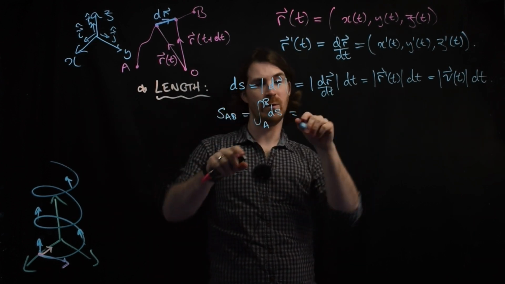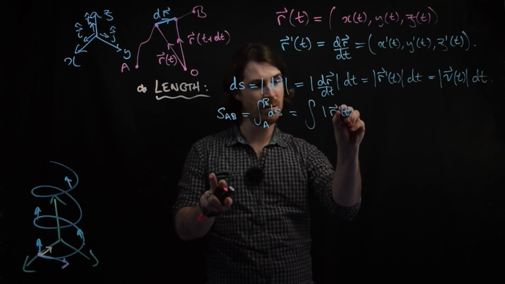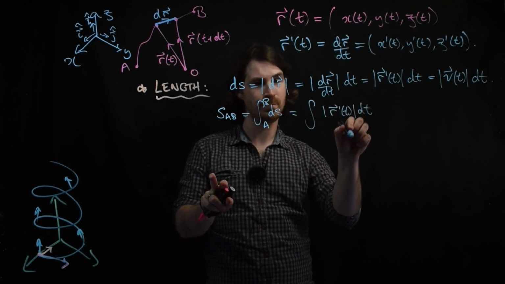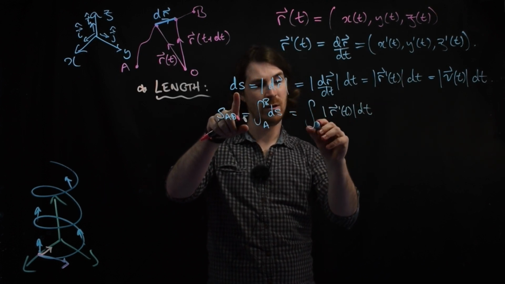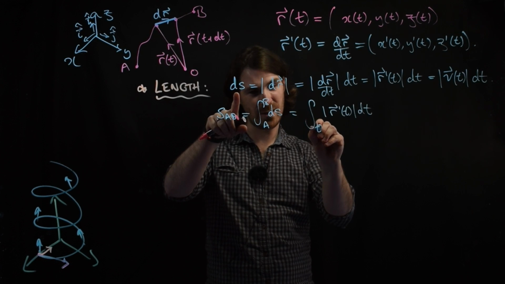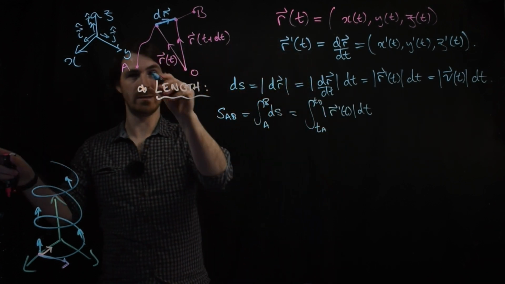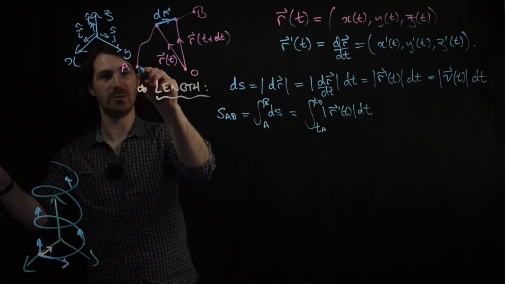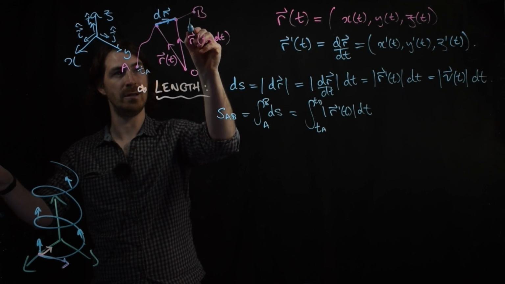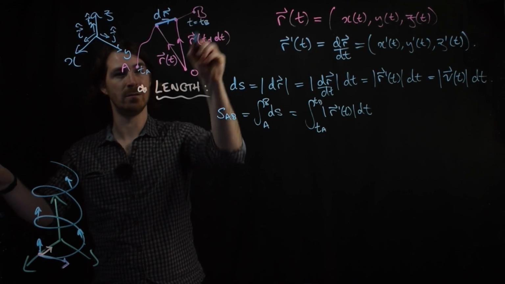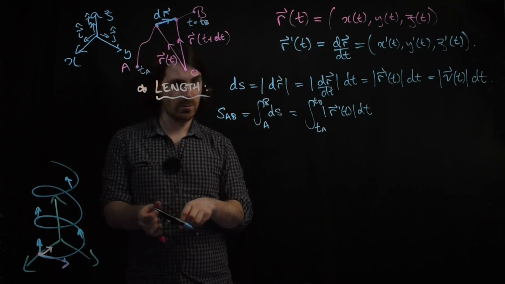So it's the integral of the magnitude of r prime of t dt, between two limits, ta and tb. So ta is the value of the parameter t at which we're at point A, and tb is the value of the parameter t at which we're at point B. So that was the length.